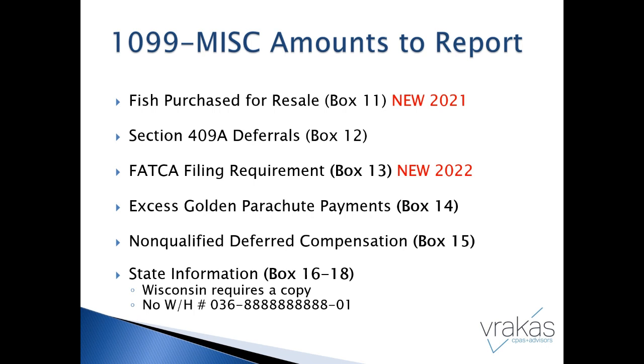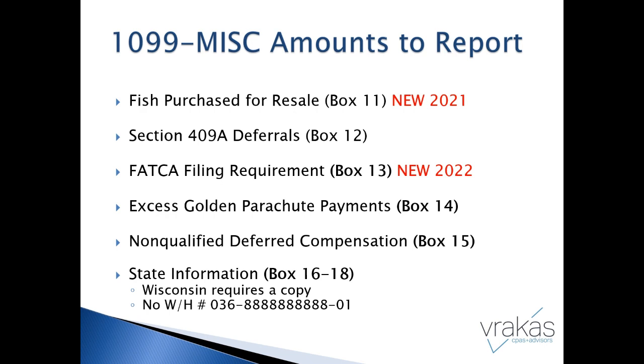Now, the next few boxes I have not used very much. 11 through 15 are fish purchases, 409A, the FATCA filing requirement, which is for foreign financial institutions, golden parachute payments, and non-qualified deferred compensation. Again, those I have not used too often.